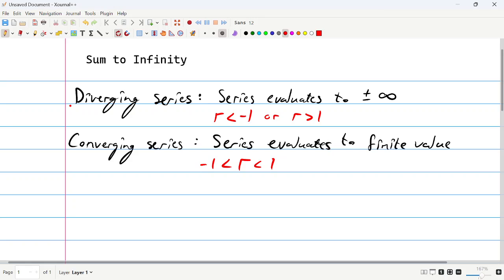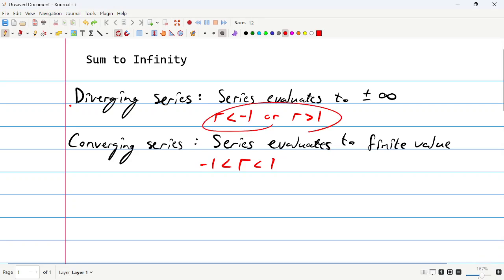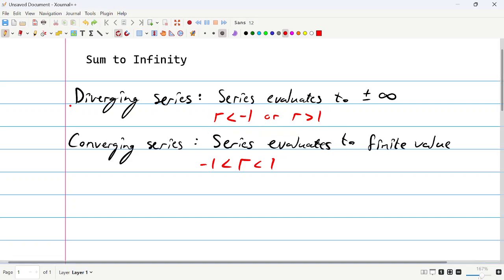So notice that in the converging case, r is between -1 and 1, so it's always going to be fraction values, or equal to 0. And the diverging case is just going to be values that are greater than 1 and values that are smaller than -1. And then notice that it will go to infinity.